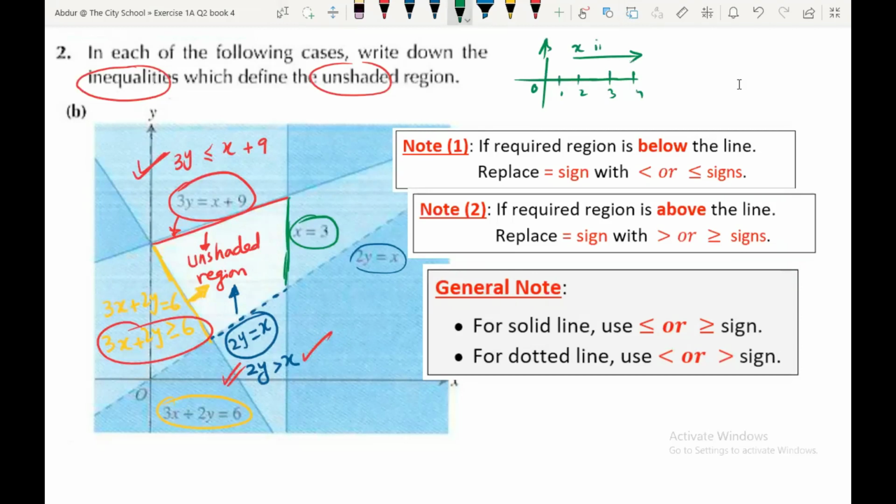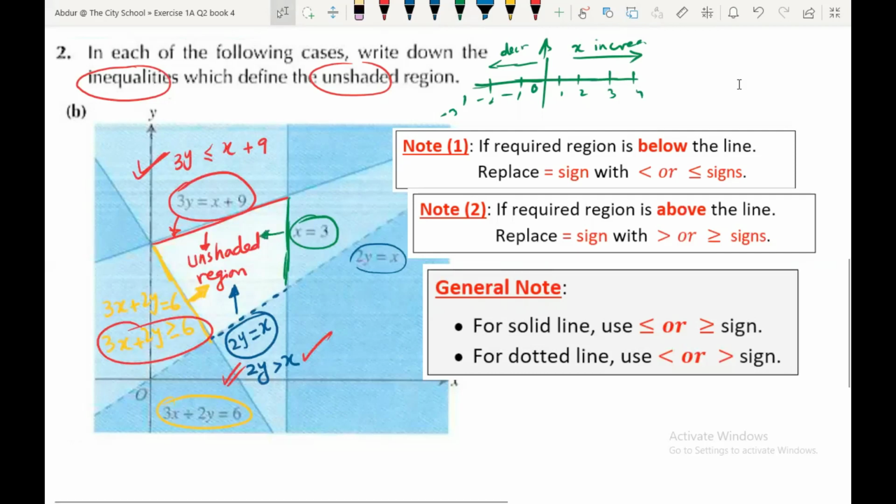On the left side, the values of x are decreasing, because 0, -1, -2, -3 is decreasing on the left side. So the unshaded region is the left side of the green line here.